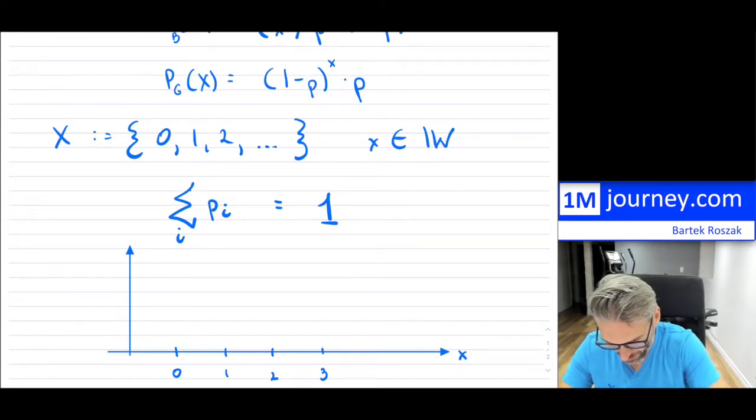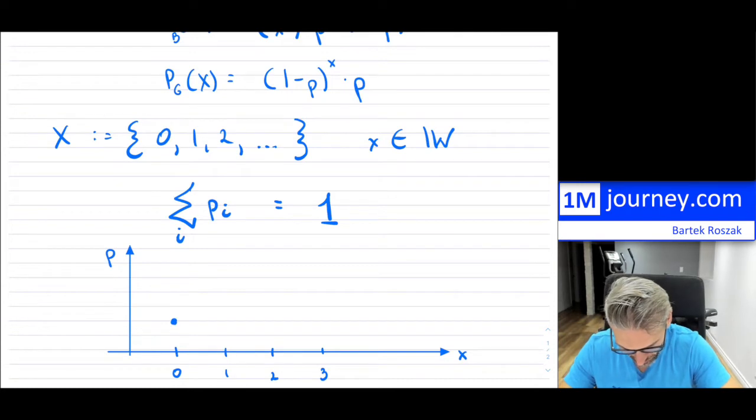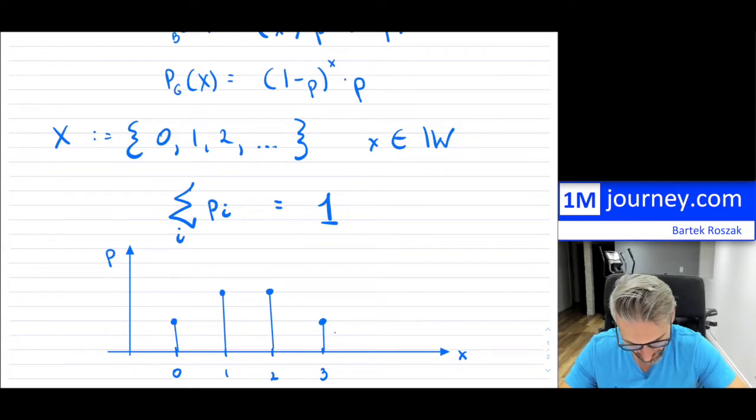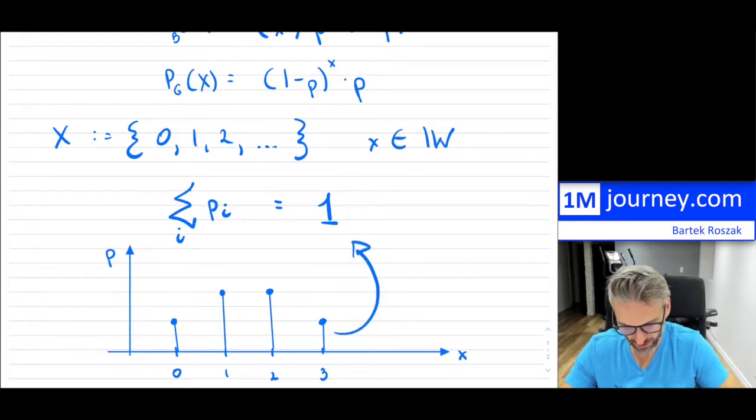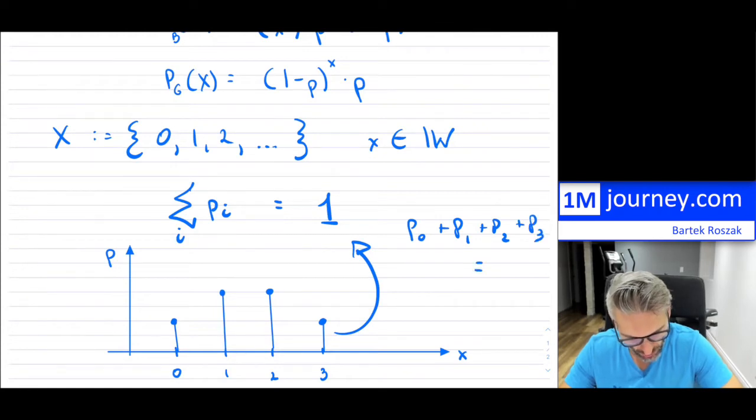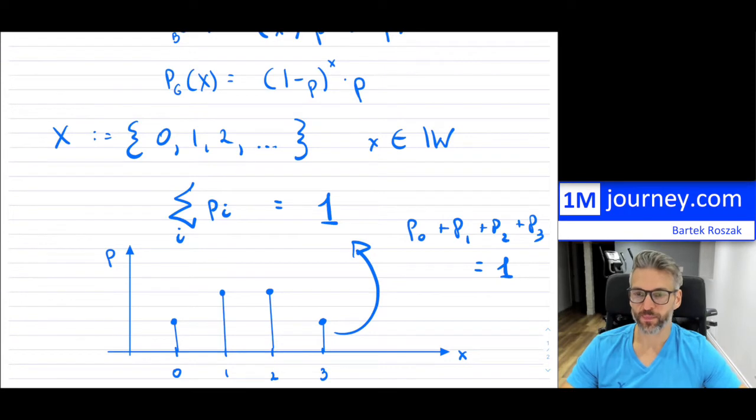Then we had our probabilities here, some probability, some probability, some probability. We would draw these out, and then sum them up: probability at 0 plus probability at 1, at 2, at 3. All of this summed up to 1. We can just add them up.